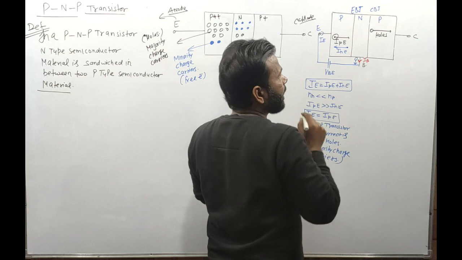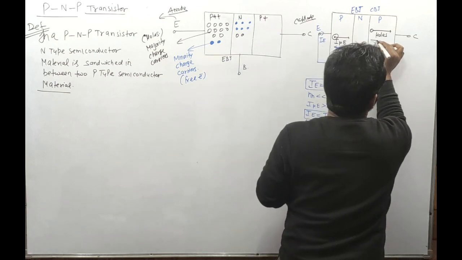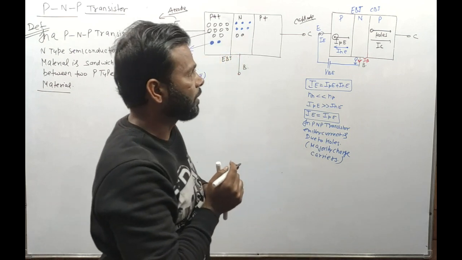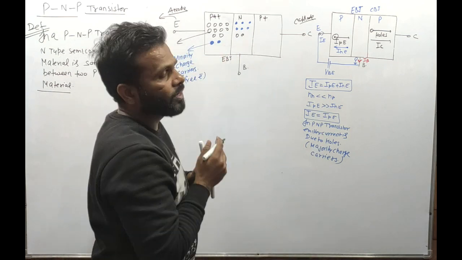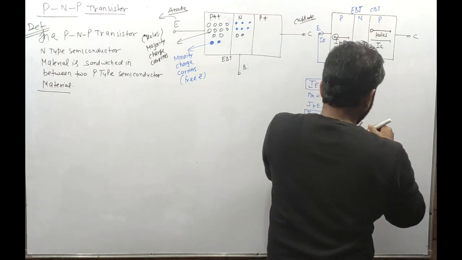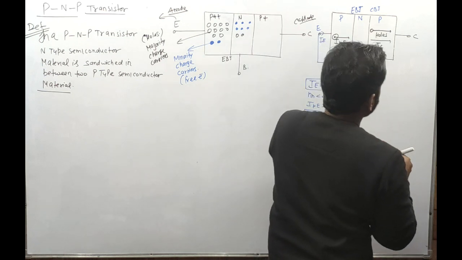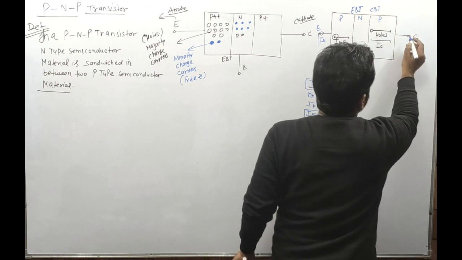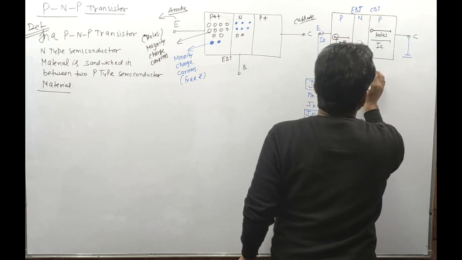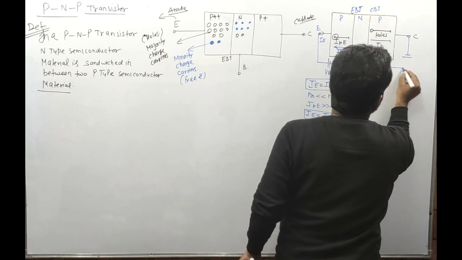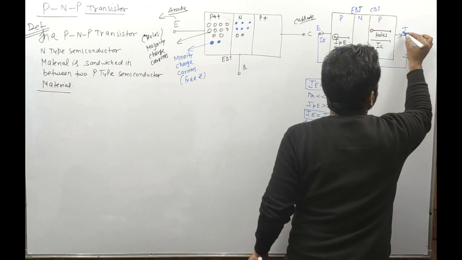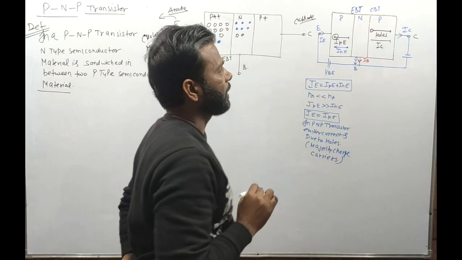Then the direction of conventional collector current is also in this way. So it is left to right. Now the collector base junction is reverse biased. So P should be negative, and this base terminal should be on the positive side. Is it okay? So the direction of the collector current is this.